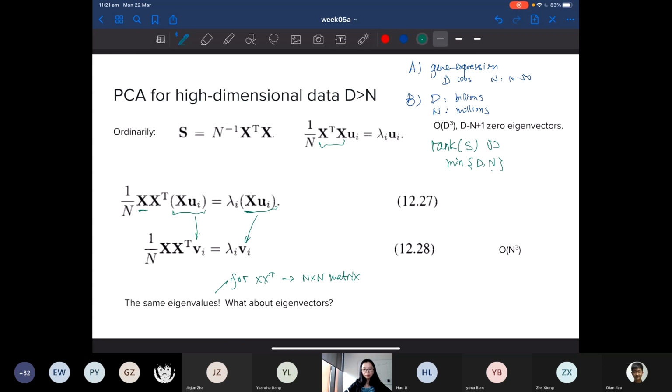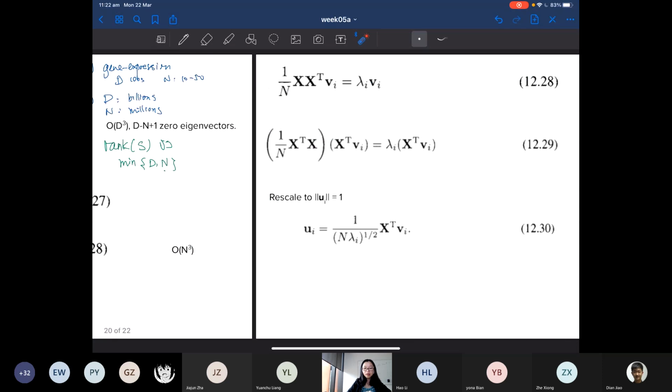So that's smaller. The next question we ask is, now we have a different eigenvalue problem. Now what about the eigenvectors? We know that the eigenvalues are the same, so what's the relation between these two problems?